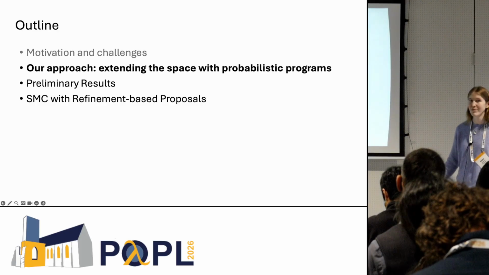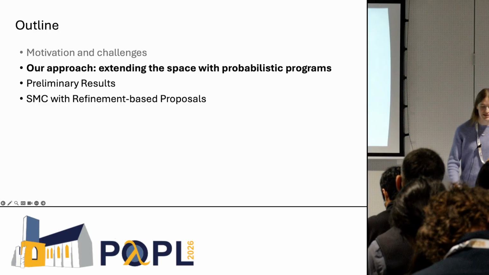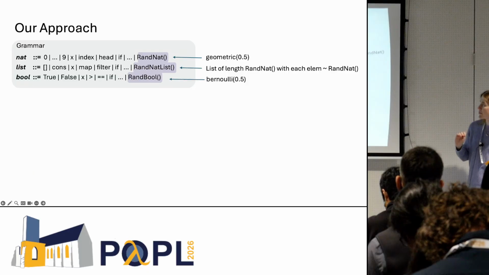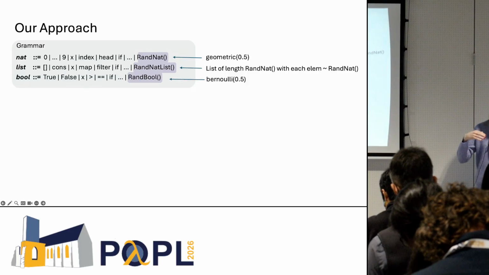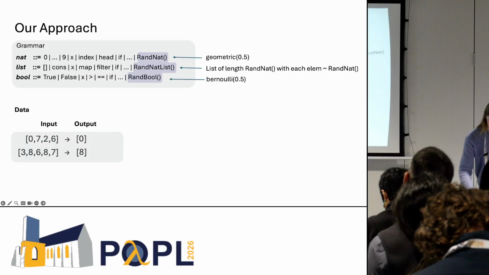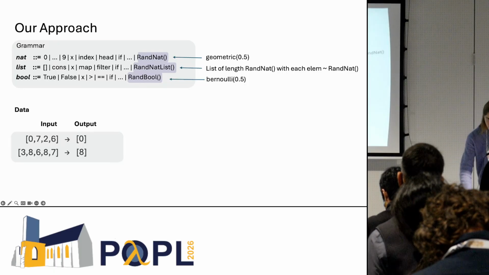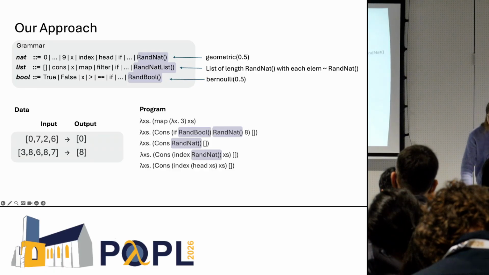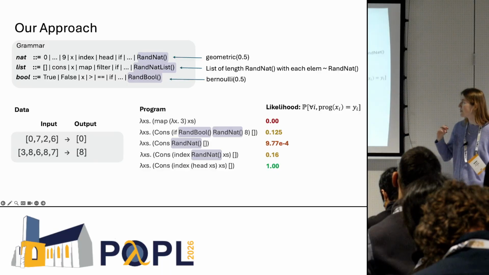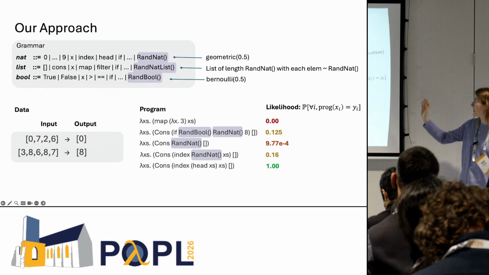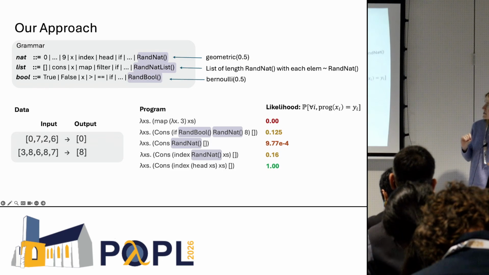And so what do we mean by extending the space with these probabilistic programs? Well, if we just take our grammar from before and we add some random primitives to it, then given some input-output examples and any hypothesized programs, we can go ahead and evaluate the likelihoods that those programs produce those outputs when run on those inputs.